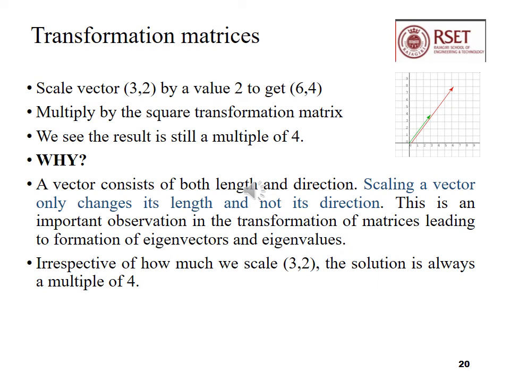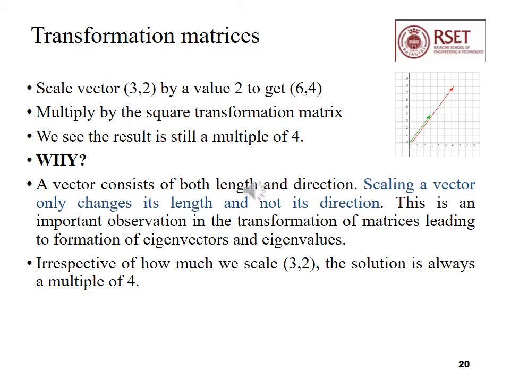In this slide, the continuation of the transformation matrices. Consider a vector 3, 2, and when we multiply it by a scale factor 2, we get 6, 4. Multiplied by the square transformation matrix, we see the result is still a multiple of 4. Why?